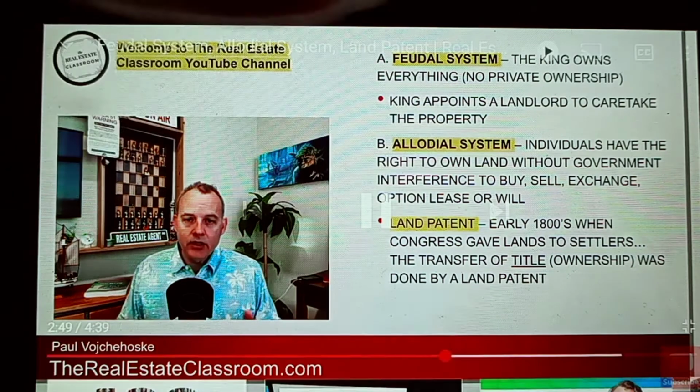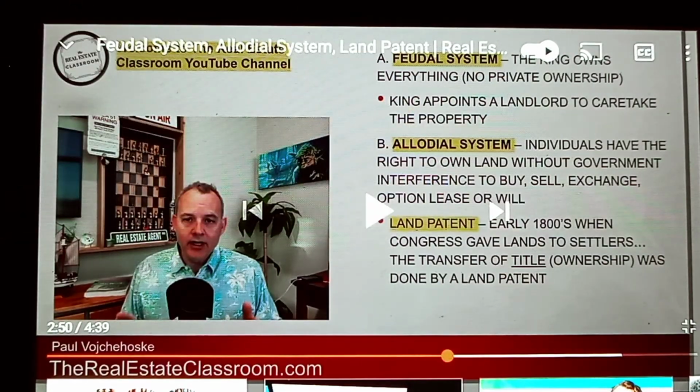So that individual landowner... Stop right there. Listen to that word very carefully. We had the right to own land without government officials being involved.